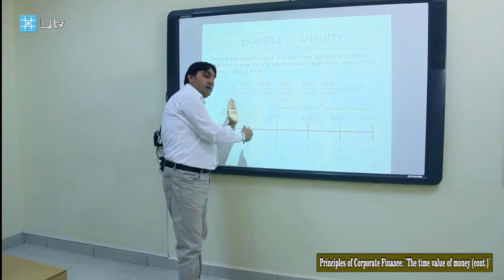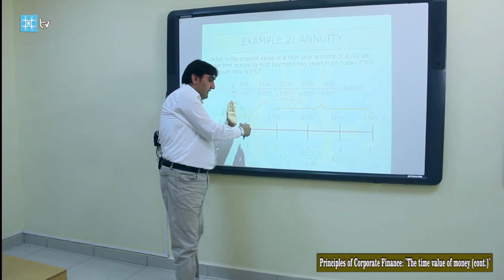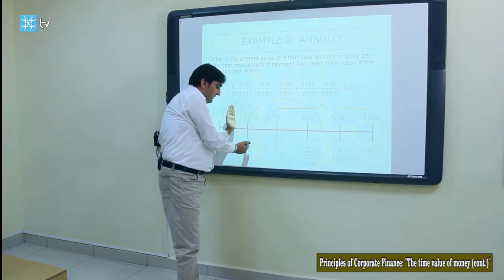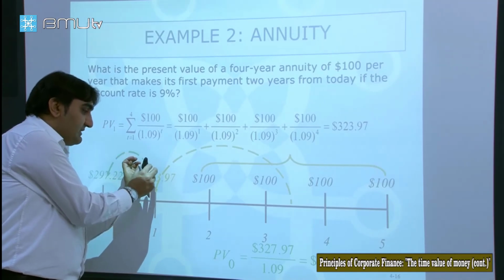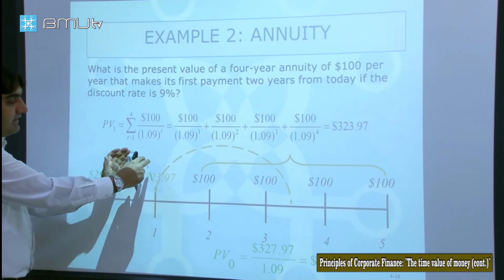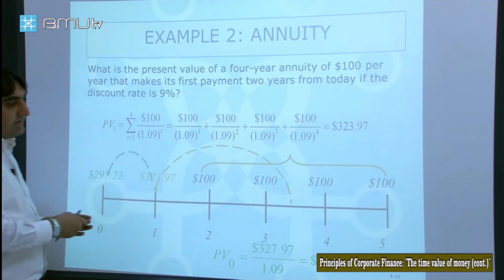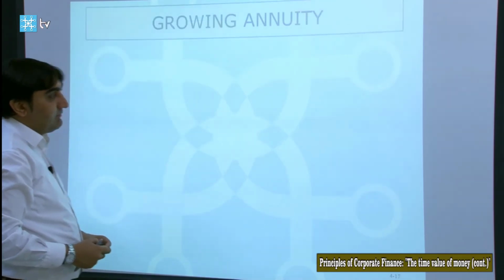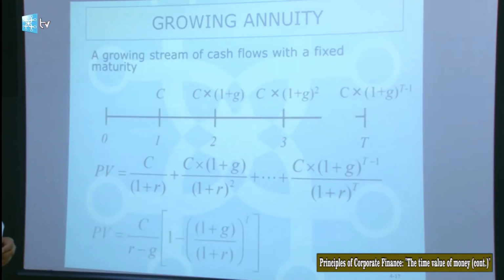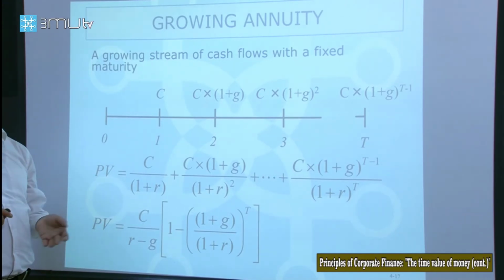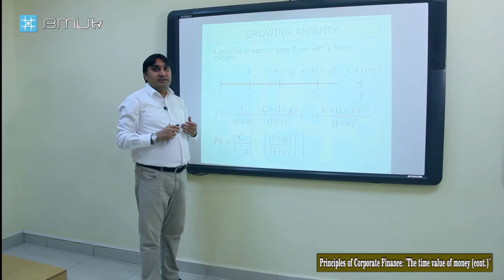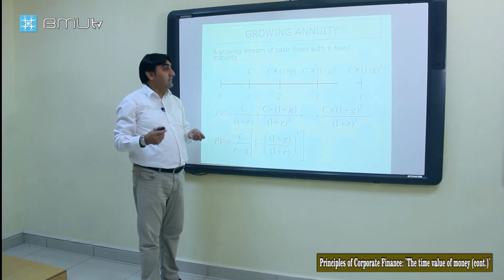It comes one period back. From here, it comes to here. It's a lump sum. And to find the present value for these numbers, we again discount it back one period and get this number, 297.22. As I said, all mortgage payments, auto loans, bank loans are examples of annuities.